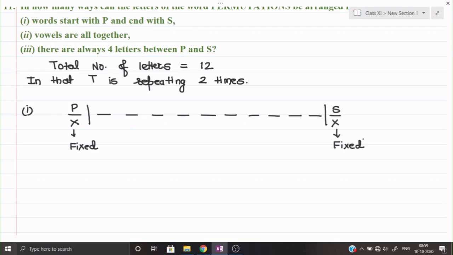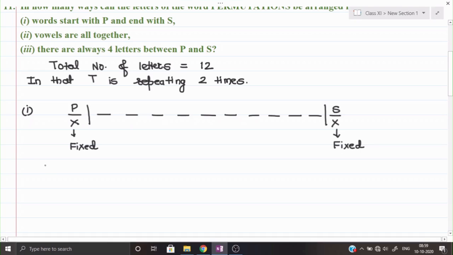Then we had to arrange only the remaining places, because the first 2 places were reserved and those numbers could not be used in the remaining places. Here also we are not using P and S in the remaining places. Now you see how many letters are remaining.